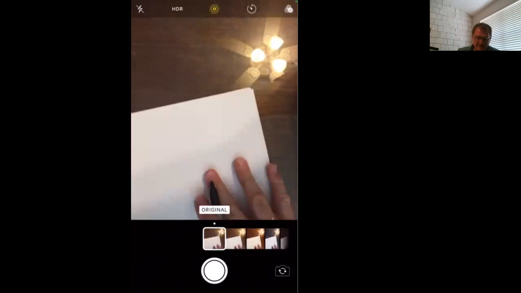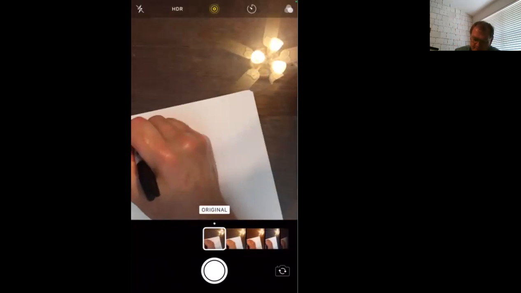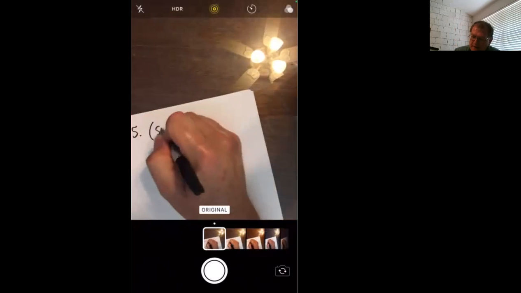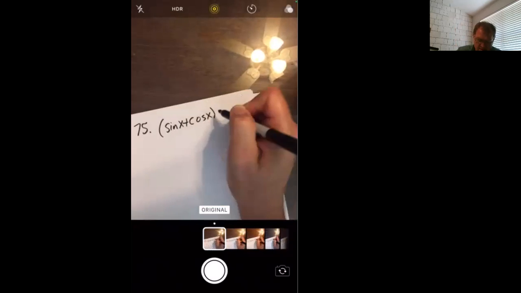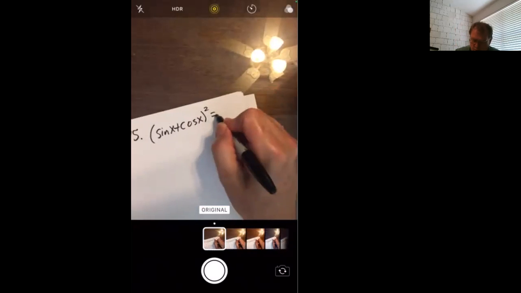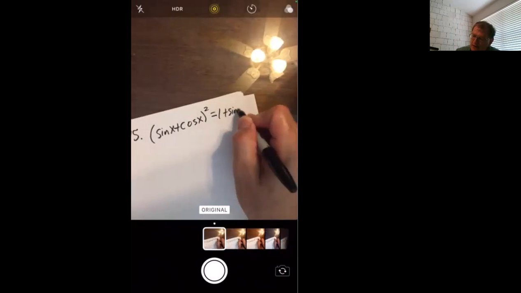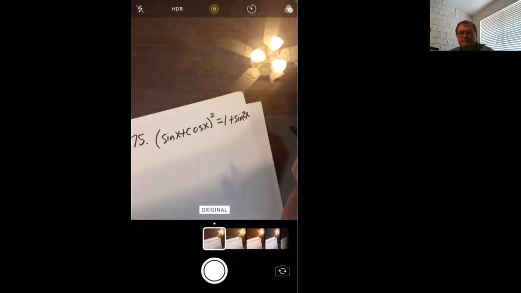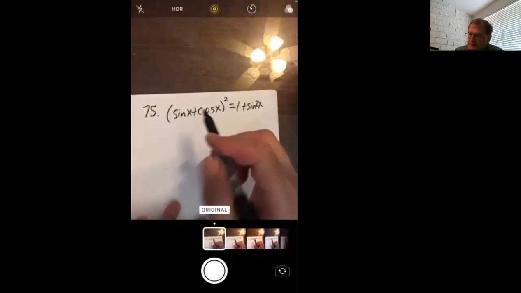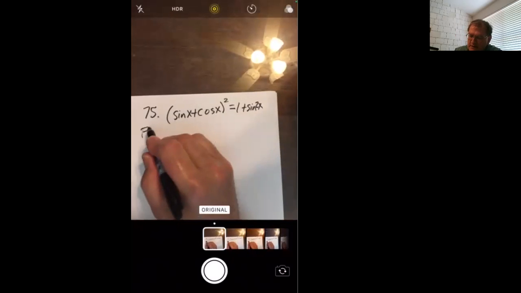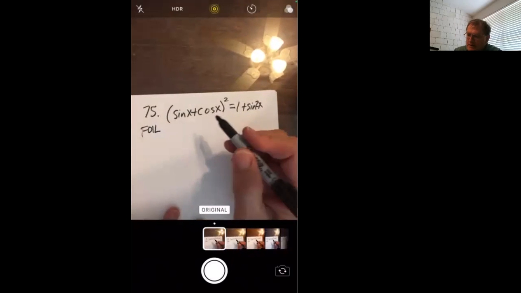All right, how about 75? Sine of x add cosine of x, squared, is equal to 1 plus sine of 2x. Well, let's FOIL this.